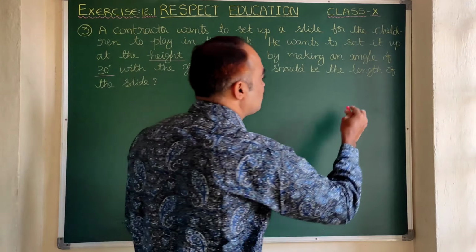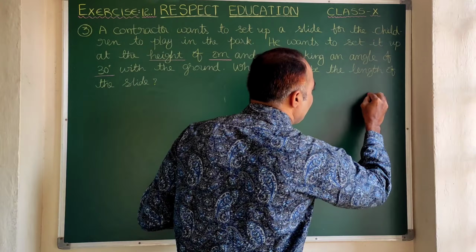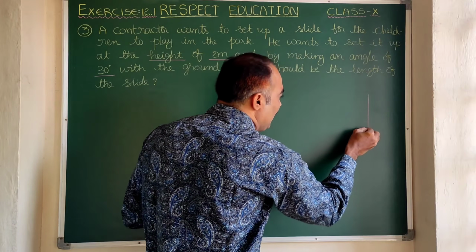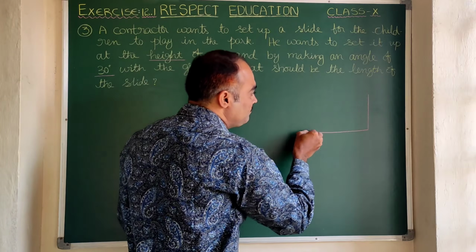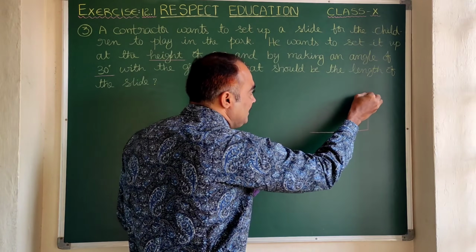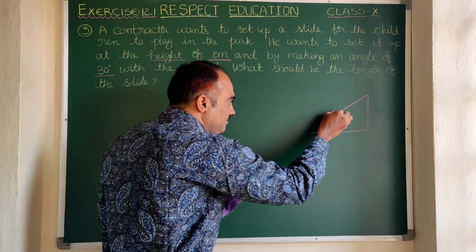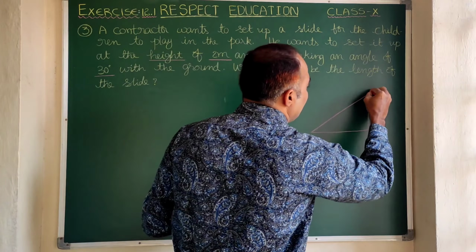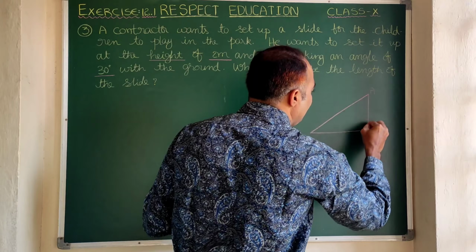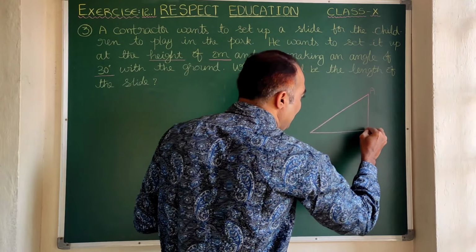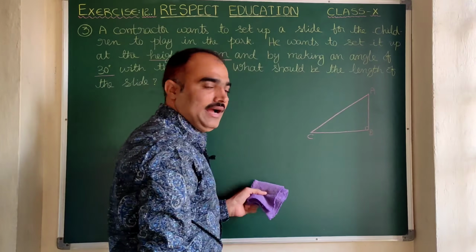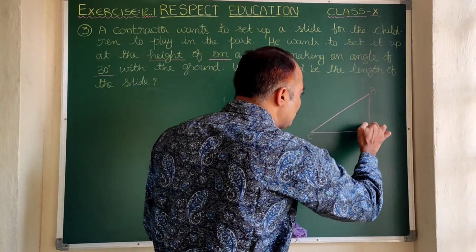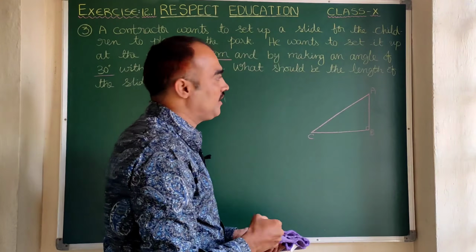Now here let us draw a suitable diagram. This is the height and this is the earth, and this is the slide, right? Let us label it as A, B and C. As you know, the height and the earth are perpendicular to each other.